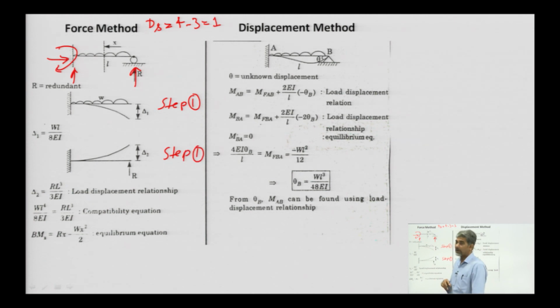In step 1, what are we doing? We are removing the roller support. Suppose this point is A and this point is B. In step 1, we removed the roller support at this point.